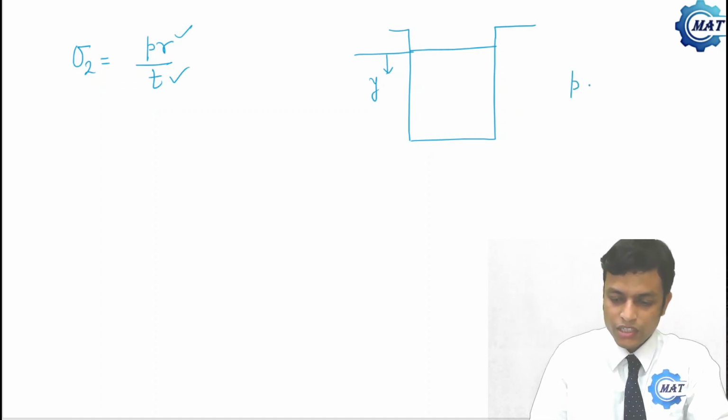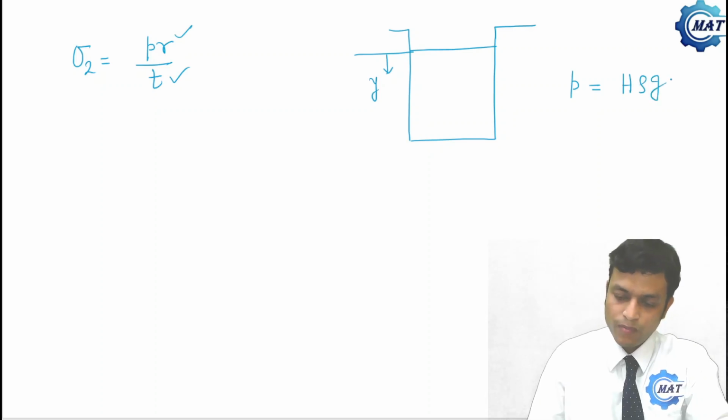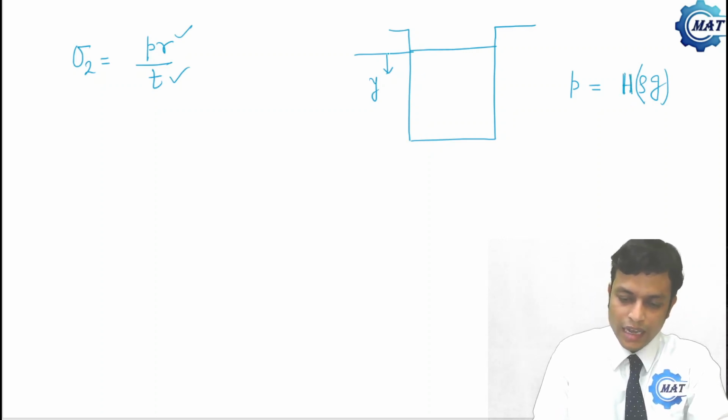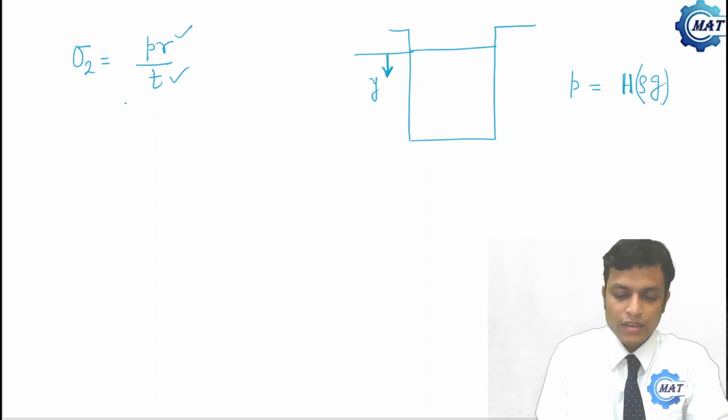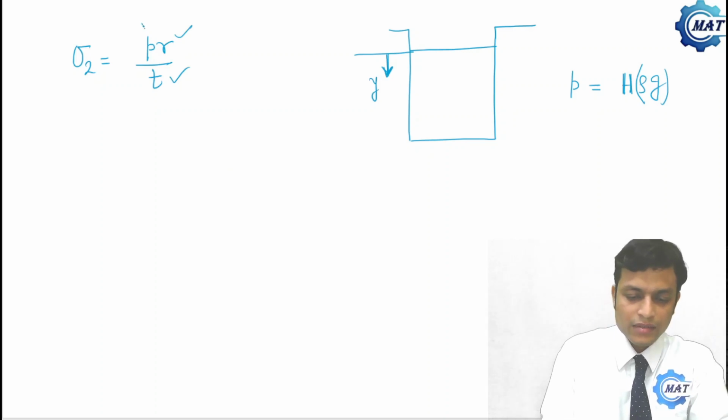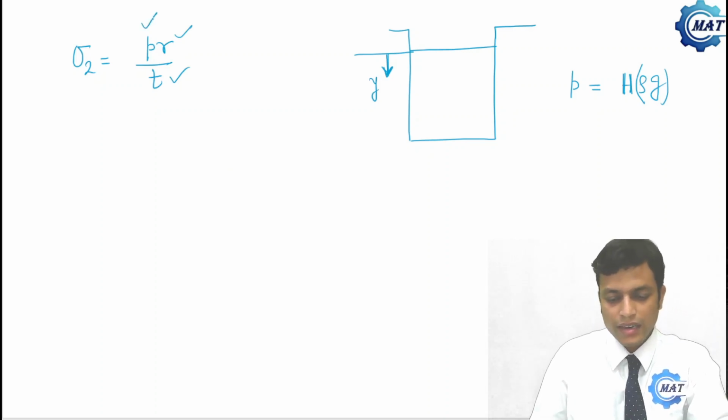The expression of P is h rho g, where rho and g are constant because the density of the liquid is constant. So P increases linearly with h. That is, as we go downward, along positive y, sigma 2 will increase as P is increasing linearly.